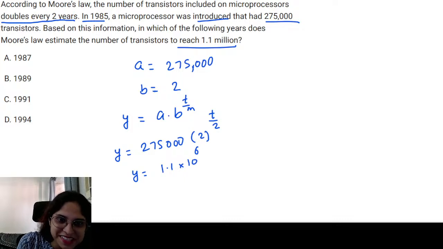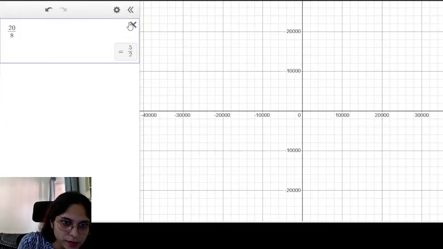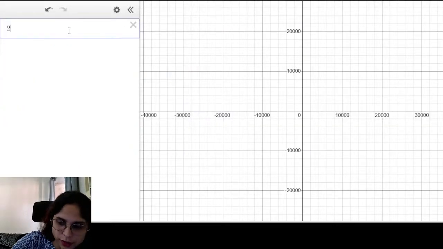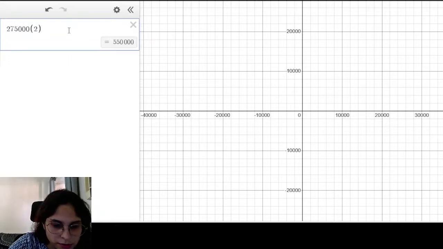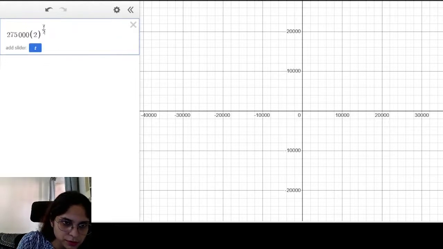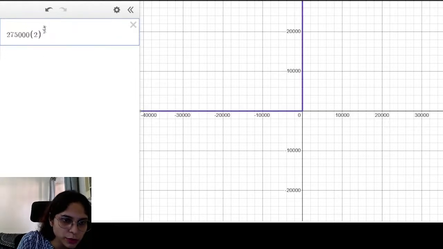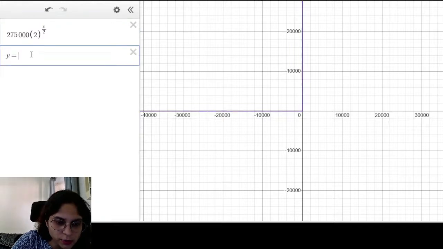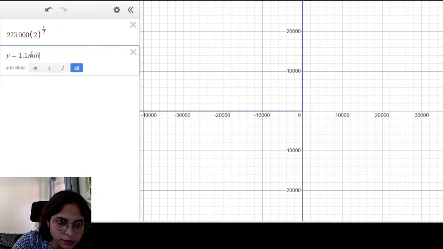Because this is an exponential equation, I have already written them in two different lines. Now put these two in Desmos. First you have 275,000 times 2 to the power T divided by 2. Here we can't use T, so I am going to use X. And then you have y is equal to 1.1 million.